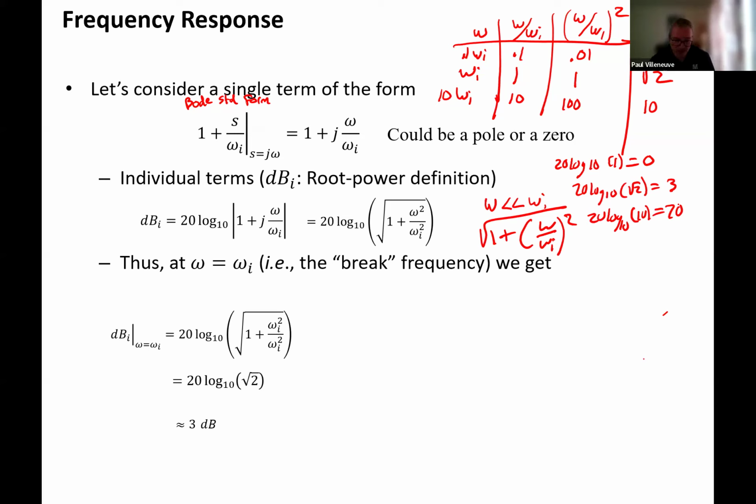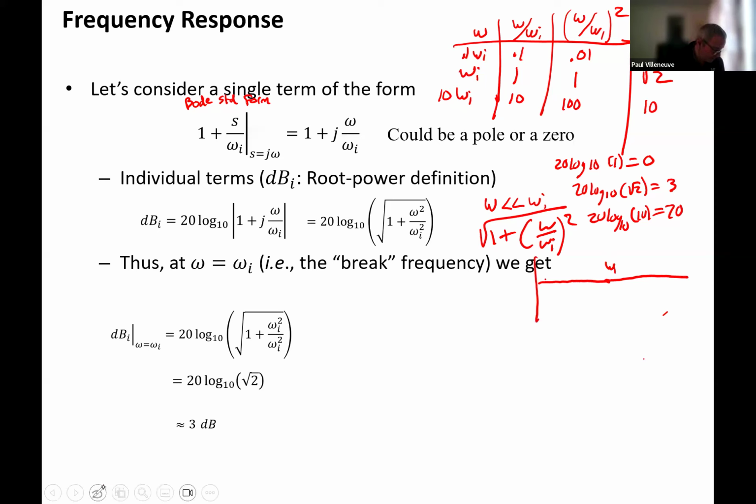So remember the curves I did on the previous page when I said nothing happens until you hit the break frequency? Well, if I draw a picture here, this is my plot, at frequencies much, much less than the break frequency, which we'll call omega sub I, and here's my axis, nothing's happening.